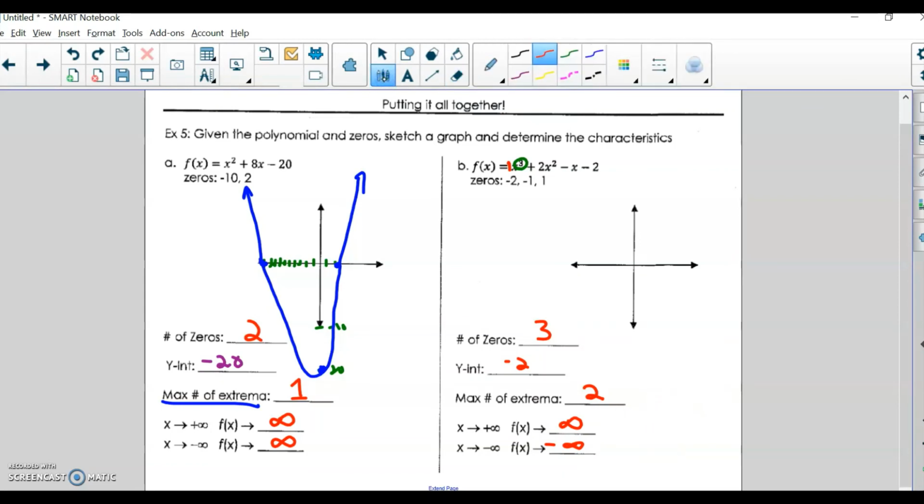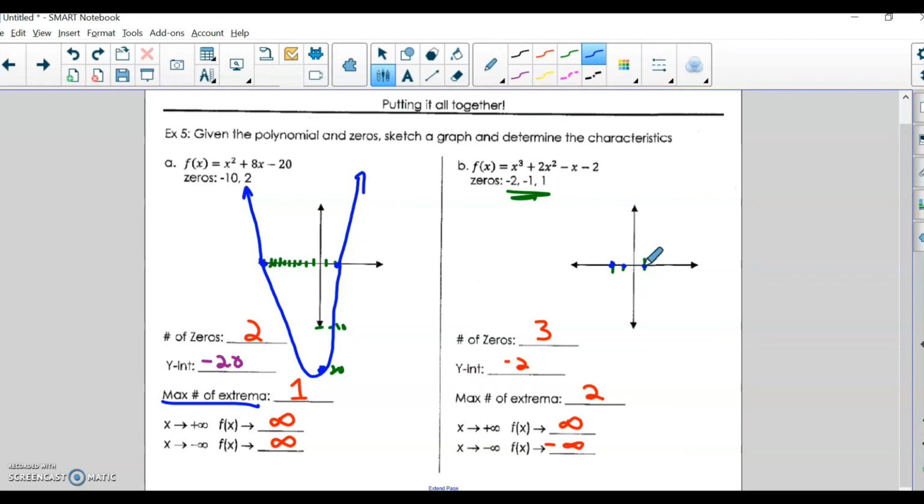Now let's put it on the graph. We know that this is going to cross the x-axis at -2. That's -2, and that's all 3 of the points right there. So it's going to cross at -2, -1, and +1.